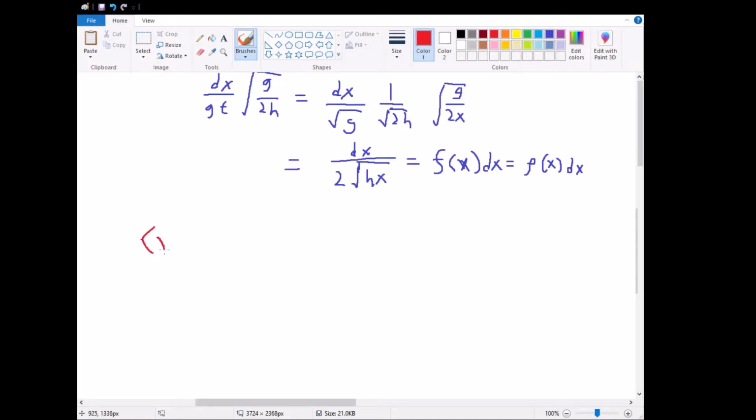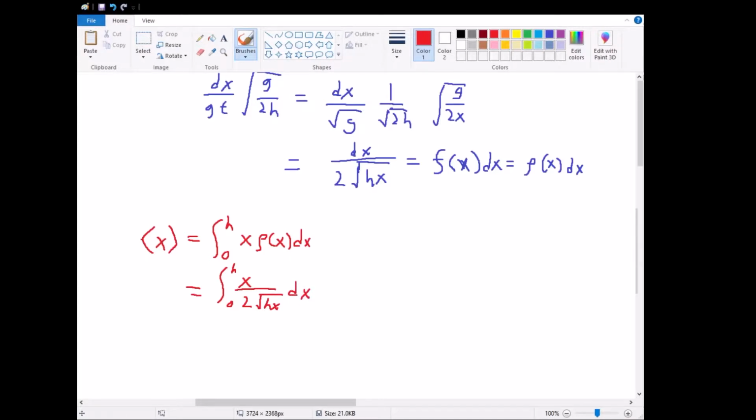We already know that the solution for the average of x is equal to the integral from 0 to h of x times rho of x dx. So this equals the integral from 0 to h of x divided by 2 square root of hx dx.